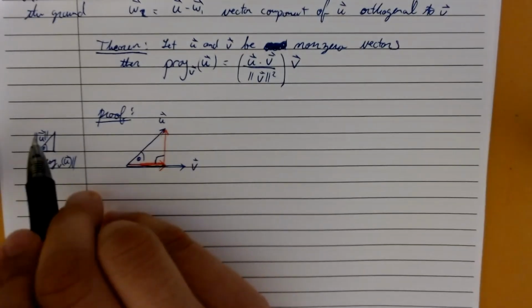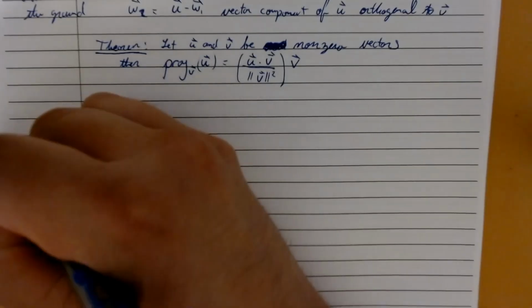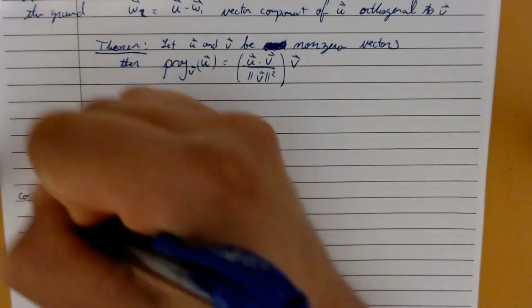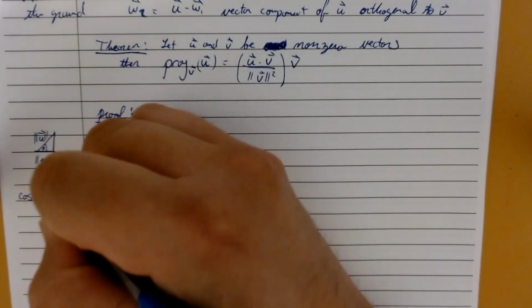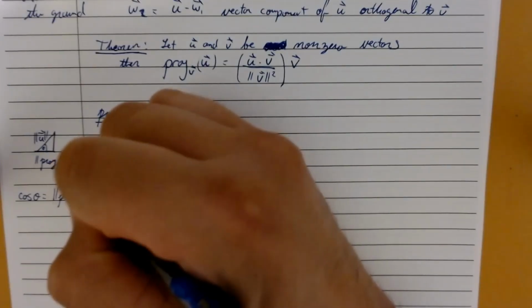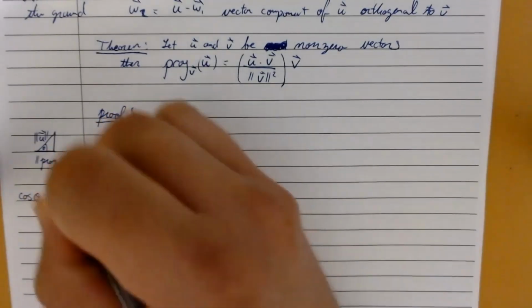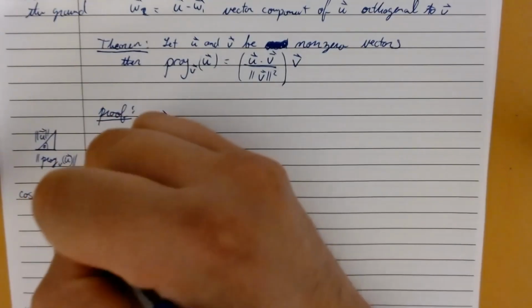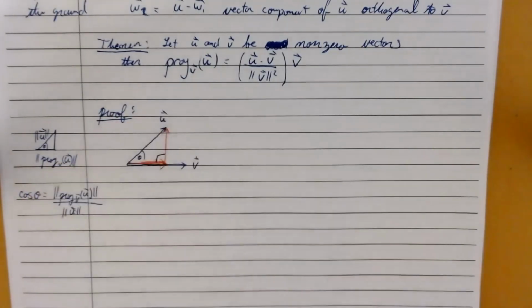Oh, well that's just cosine, right? Adjacent over hypotenuse. The cosine of the angle theta is equal to the adjacent side, which is the magnitude of my projection, over my hypotenuse, which is the magnitude of u. Like that.